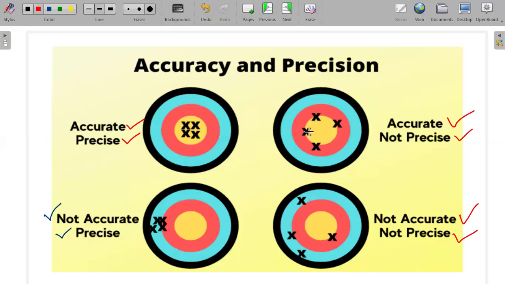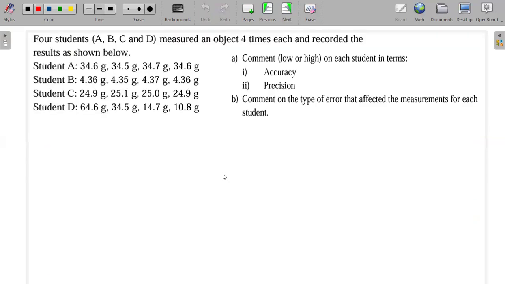So now we need to look at an example examination question. If you have any questions as we solve this question, you are free to ask. Let us look at this question here. The question says, four students, A, B, C, and D, measured an object 4 times each and recorded the results as shown below.